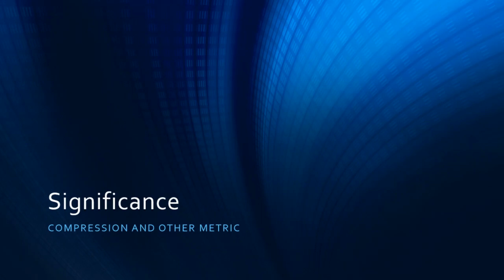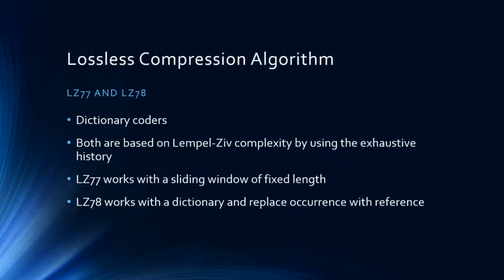Why is it even relevant? We're going to see the significance of this. First of all, this was released in 1976, and in 1977-78, Lempel Ziv put out two algorithms that are really important for lossless compression, and those algorithms are still being used today, in a modified form for some of them, in different algorithms for compressing data.